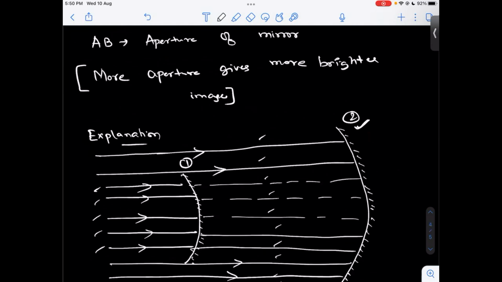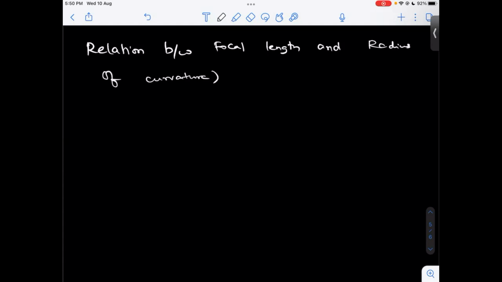And yes. So the next topic is the relation between focal length and radius of curvature of a spherical mirror.